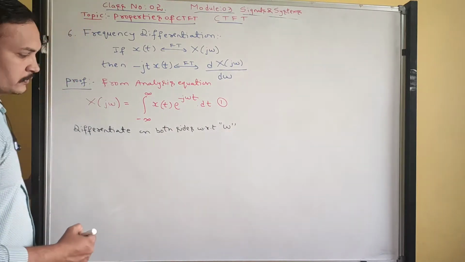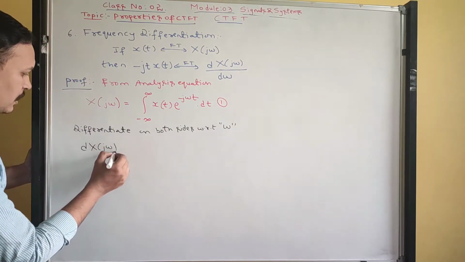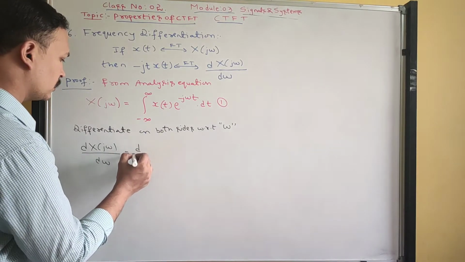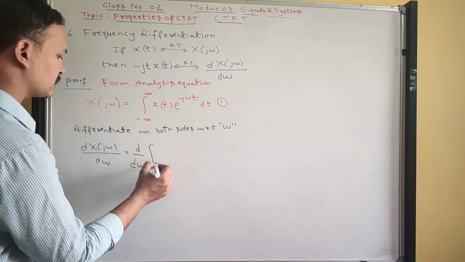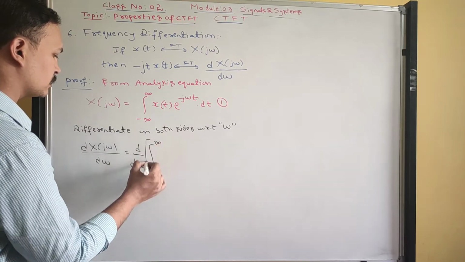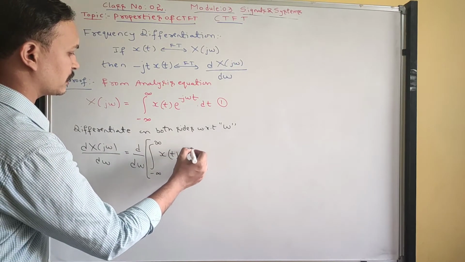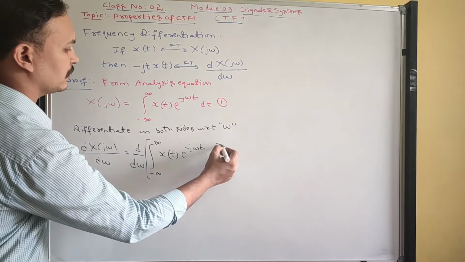We get dx of j omega divided by d omega is equal to d by d omega of the integral from minus infinity to infinity, with a bracket, of x of t e to the power of minus j omega t into dt.